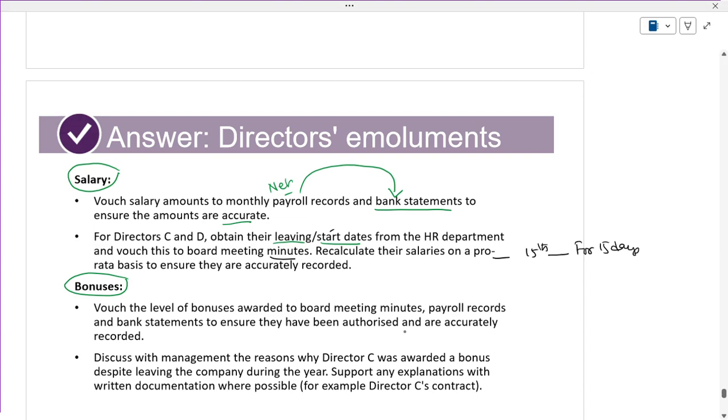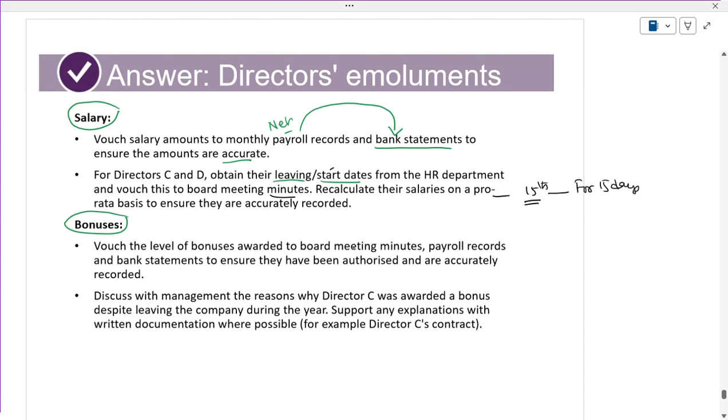In some organizations, and we are not talking about senior level also, they say that whenever you join as a director, whether before the 15th or after the 15th, you will be paid in full. That is a different case; we are not talking about that. Pro rata means based on the number of days.